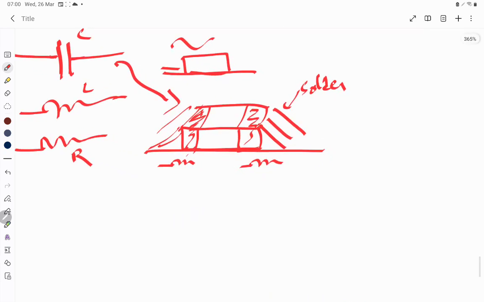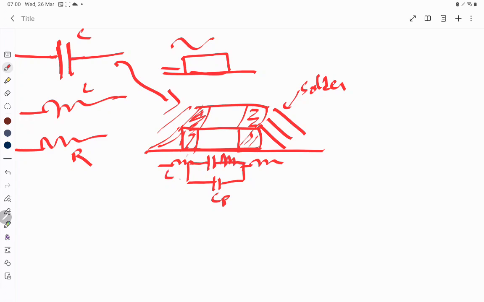If we think about it, there will also be some kind of resistance, and between these two pairs there will also be a capacitance. Then you have the actual capacitance here, and because of the resistance of the conductor that is used, there will be some kind of resistance also.